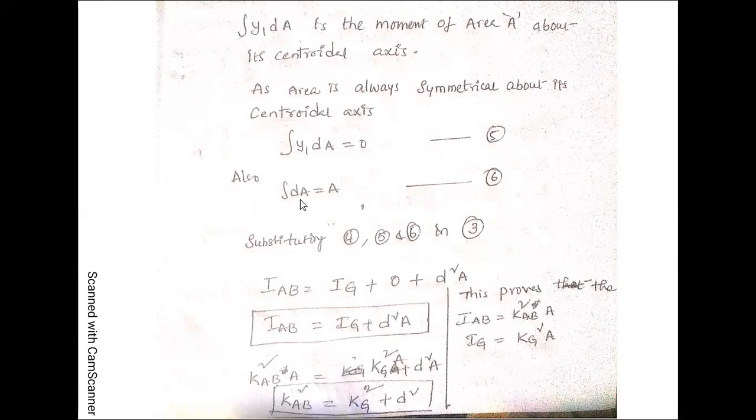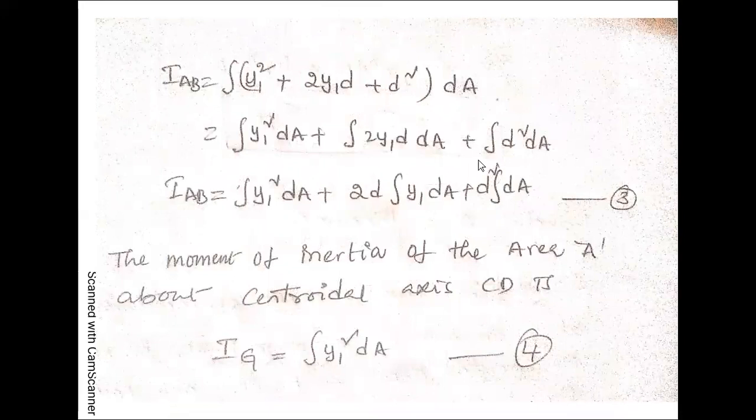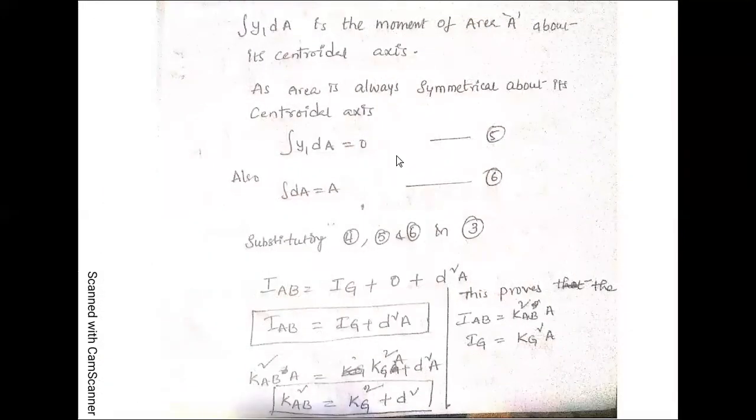And also, integral dA we can write as the sum of the areas of all differential elements, which is equal to the total area. So if we substitute all of 4, 5, 6 in our third equation, 4 is IC is equal to integral y1 dA, 5 is integral y1 dA is equal to 0, and 6 is integral dA equal to the area.